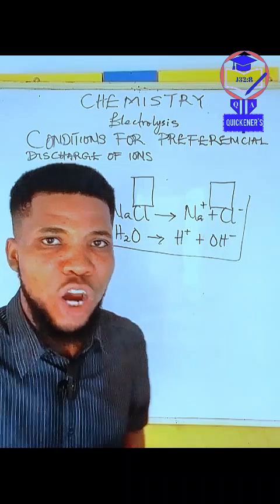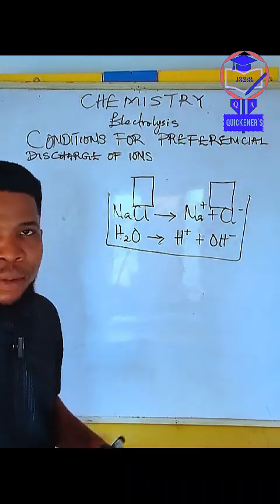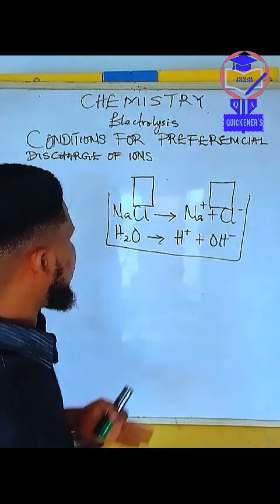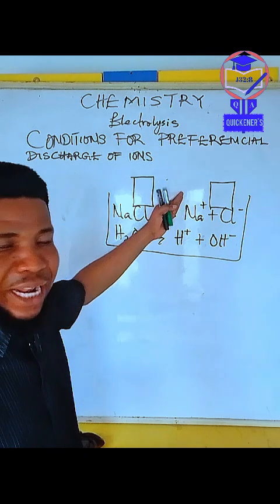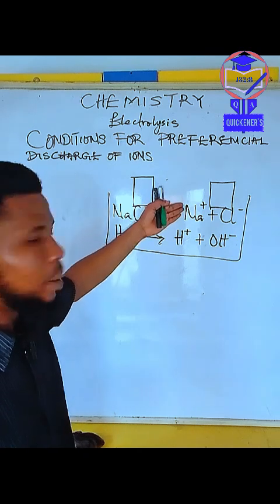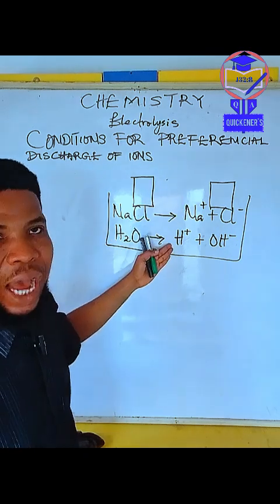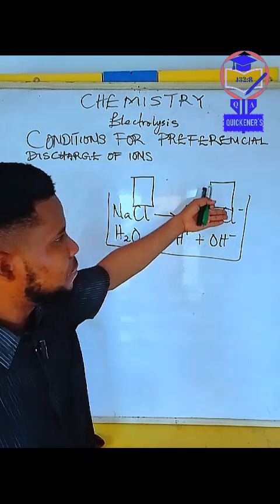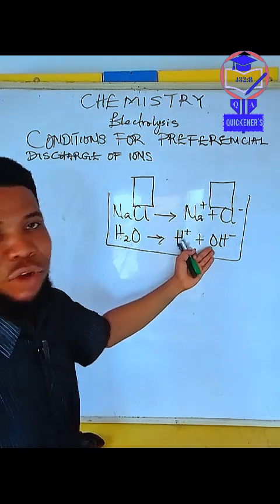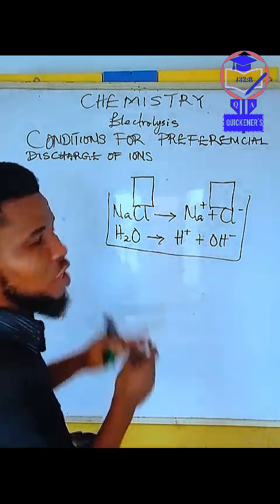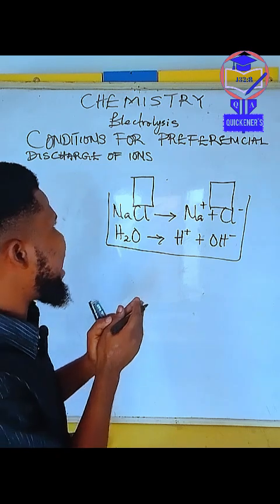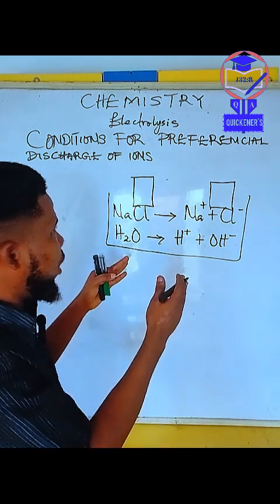Now, what is the condition for preferential discharge? Preferential discharge is that we have sodium and hydrogen, and we have chloride and hydroxide ion. Both of these ions are in the chemical system, alright?